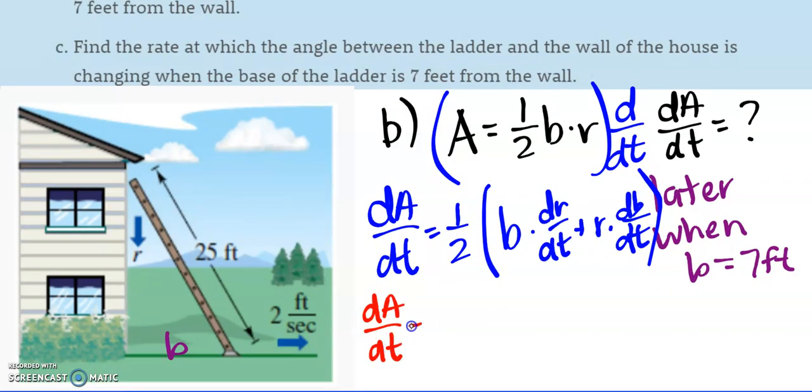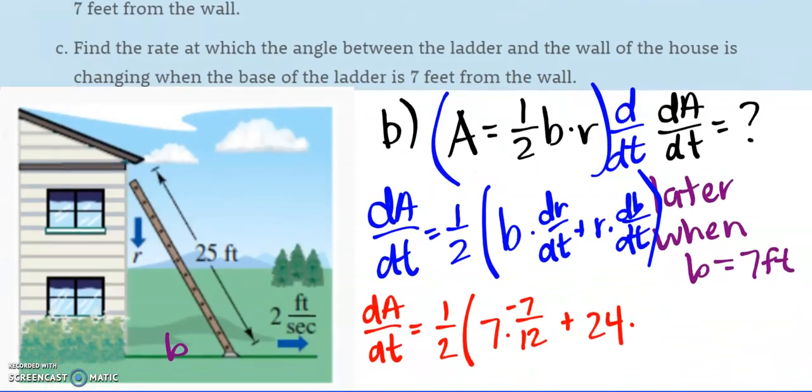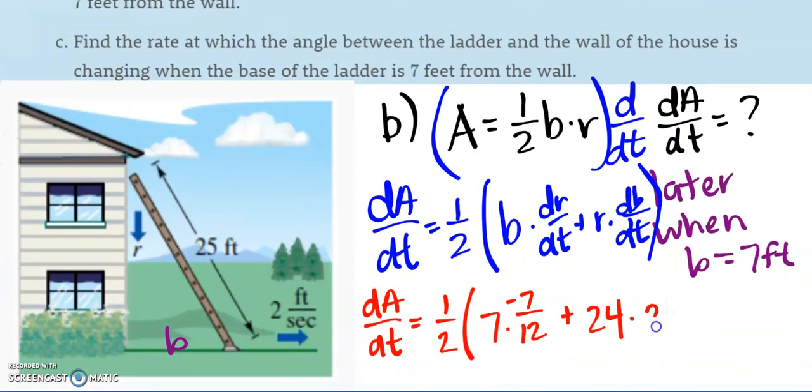That's what I would like to know. Later, when B is 7, dr/dt we found from before was -7/12, I believe, and then plus 24 because of the 7, 24, 25 triangle, times, we knew this rate, what did it say? 2 feet per second.